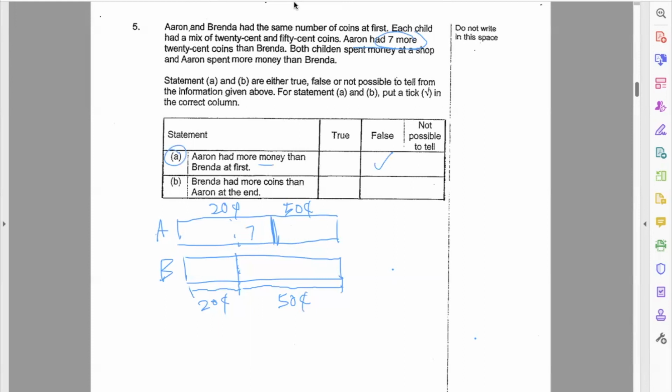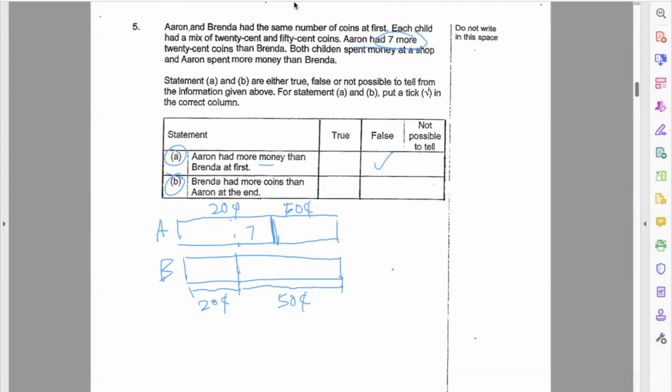Now let's look at statement B. Statement B says Brenda had more coins than Aaron at the end, not at first, at the end.